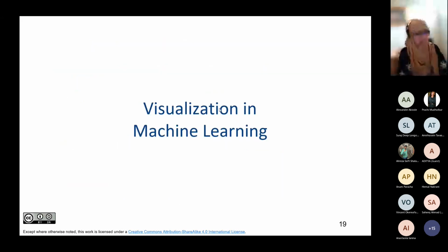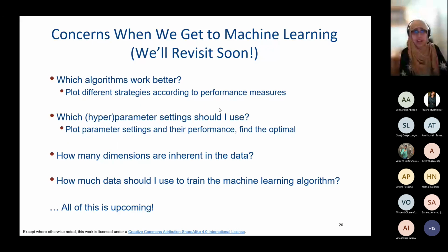This is when the topic comes down to visualization in machine learning. We'll look at machine learning in the next session, and revisit this later. But when it comes to visualization, it's about what algorithms work best, and plotting different strategies in accordance with different performance measures.